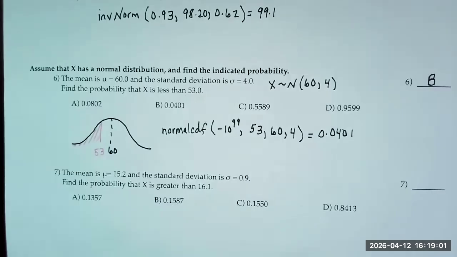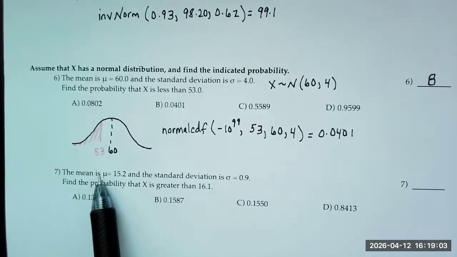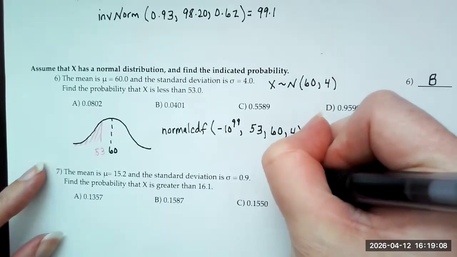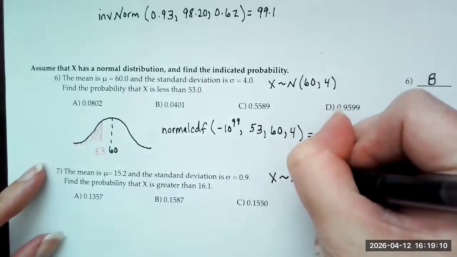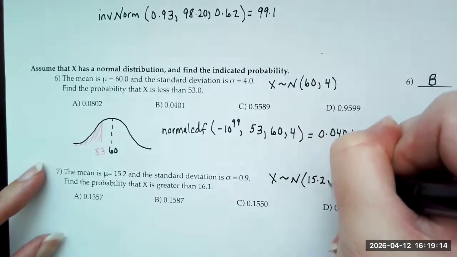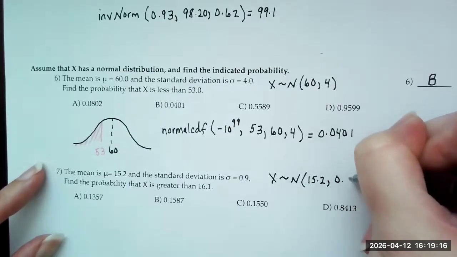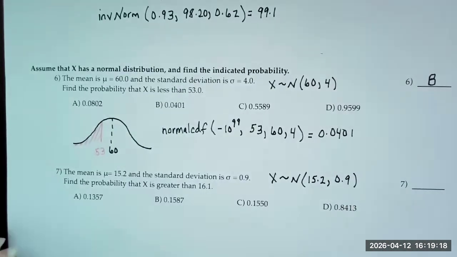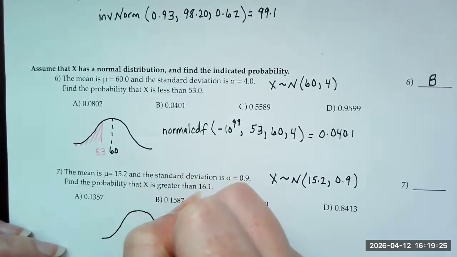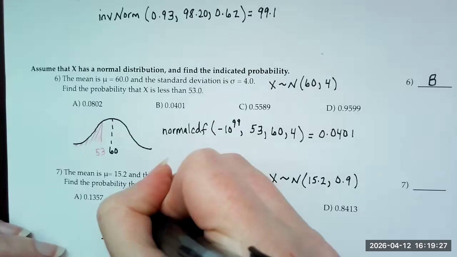Number 7 is very similar. It's keeping same sort of format, but this time X is normally distributed with a mean of 15.2 and a standard deviation of 0.9. And so we're going to find the probability that X is greater than 16.1 by, again, drawing ourselves a little sketch so that we can see how to put it into the calculator.